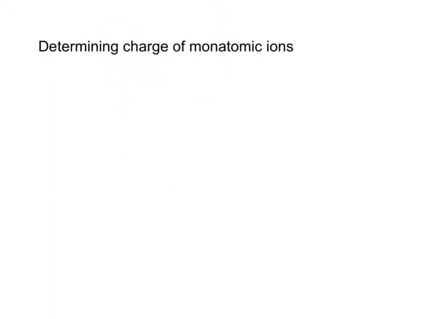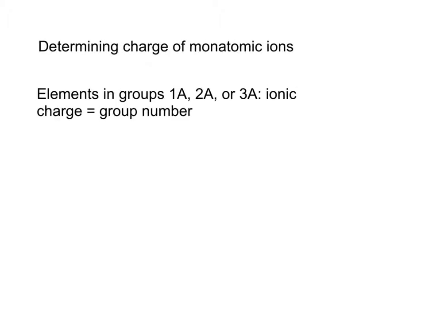So to determine the charge of a monatomic ion, really simple. If an element is in group 1A, 2A, or 3A, the charge of that ion is equal to the group number. So all the metals in group 1 will have a charge of +1.